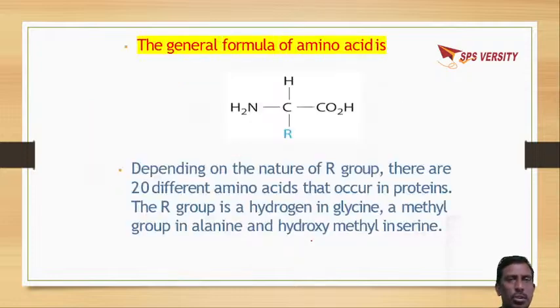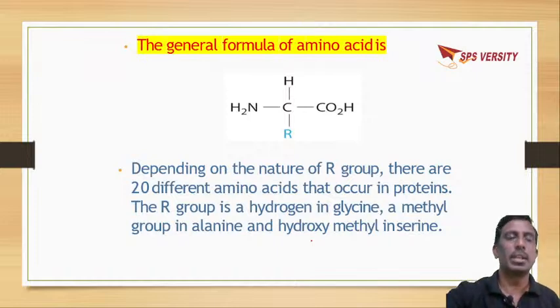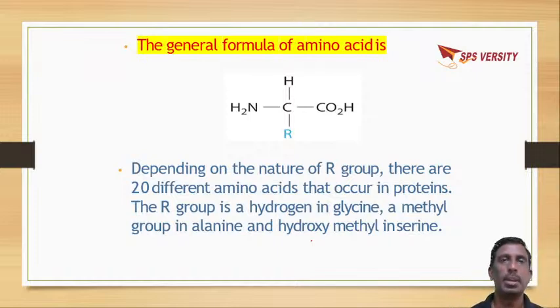Here, if you look at the general formula of an amino acid, an amino acid has a minimum of 1 amino group and 1 carboxylic group.